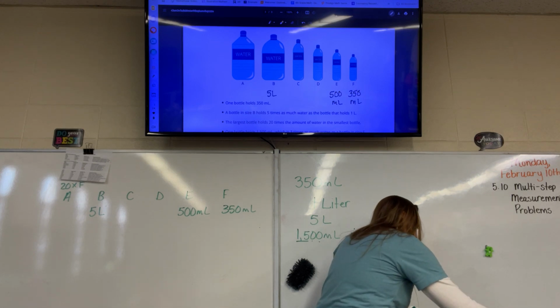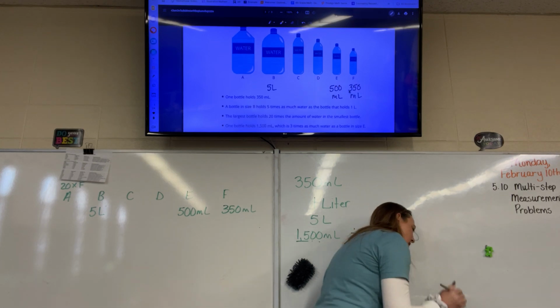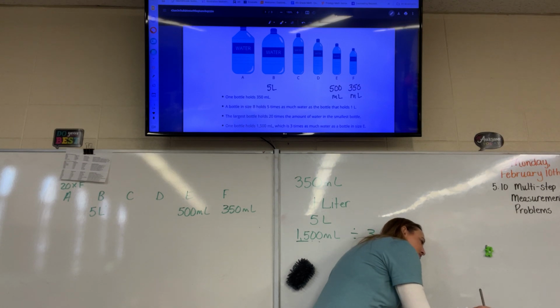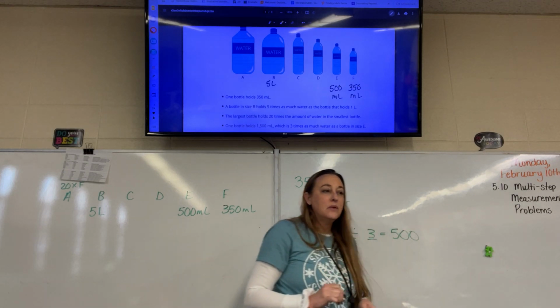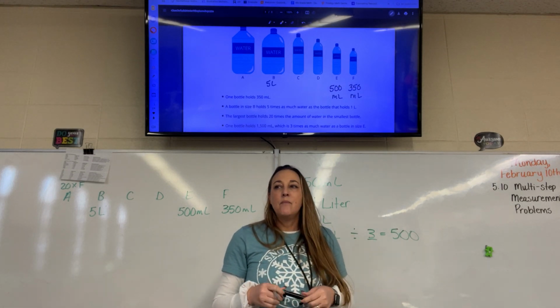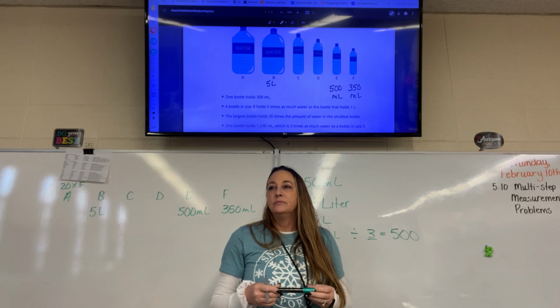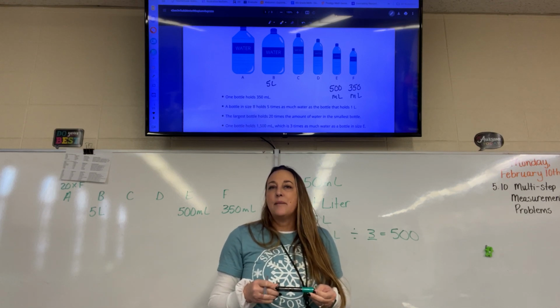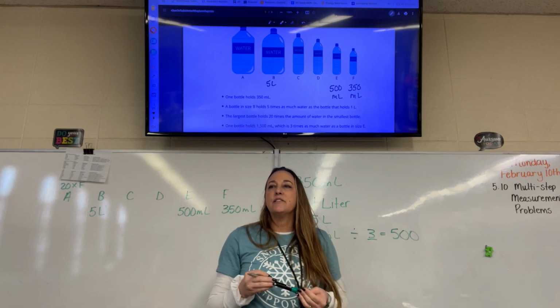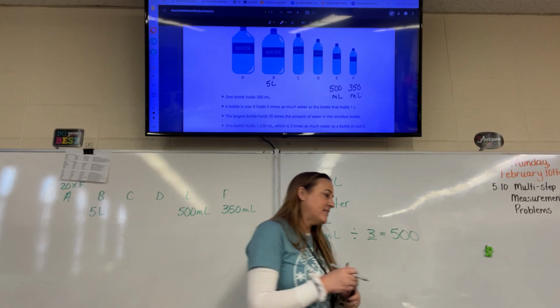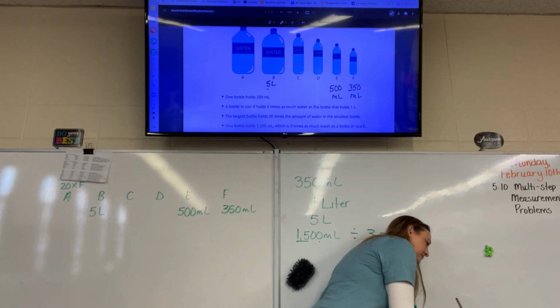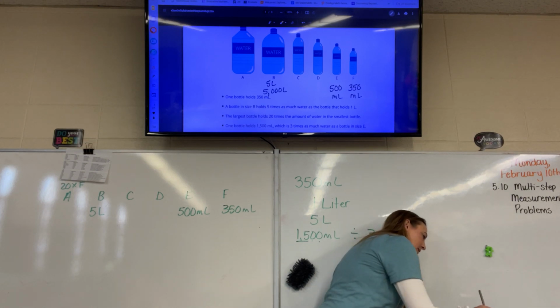And then it says in bottle B that's 5 liters. How many milliliters is 5 liters? How many milliliters is there in 5 liters? 5,000. So in milliliters.